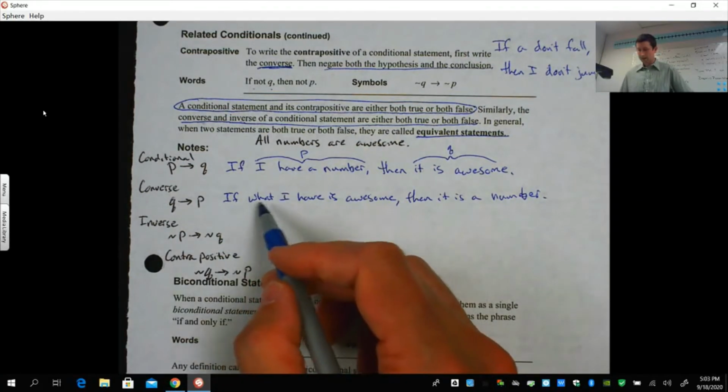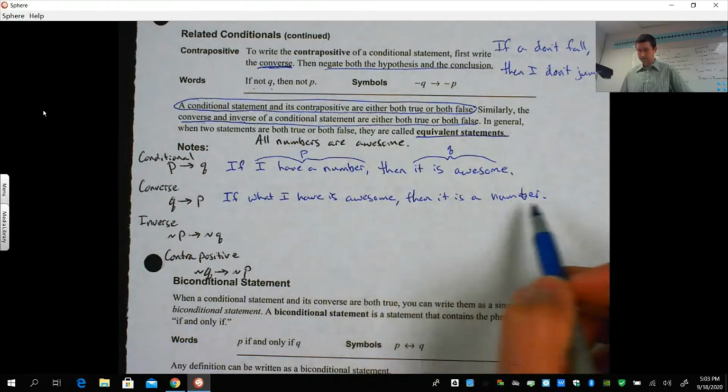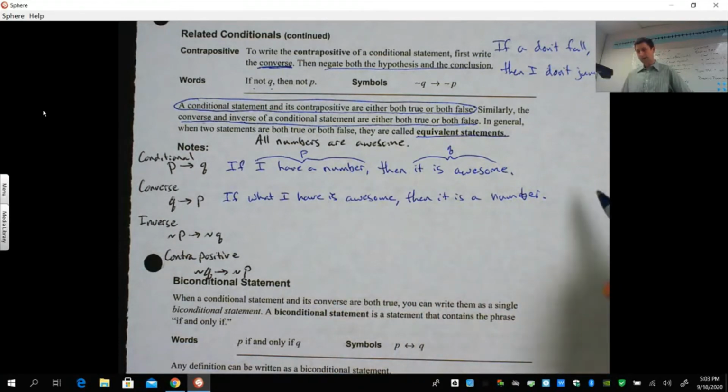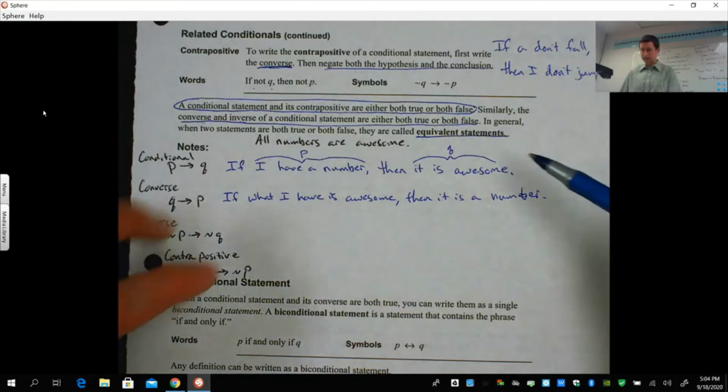So if what I have is awesome, then it is a number. Okay? Is that saying the exact same thing as the conditional? Conditional starts with a number and says, this number is awesome. But the converse says, I have something awesome, it must be a number. It is not saying the same thing.